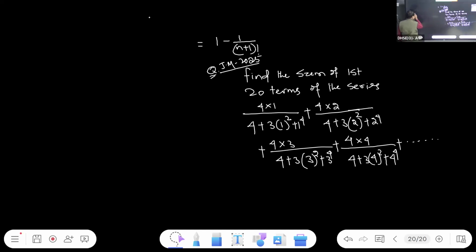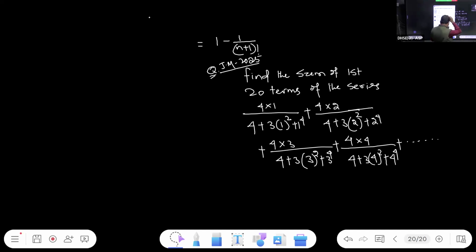So the series in summation form can be written as... Answer is 210 by 211. Let me check the answer. Answer sent by Gayatri. No, Gayatri, it's not a fractional number, it is a whole number. Oh, sorry.